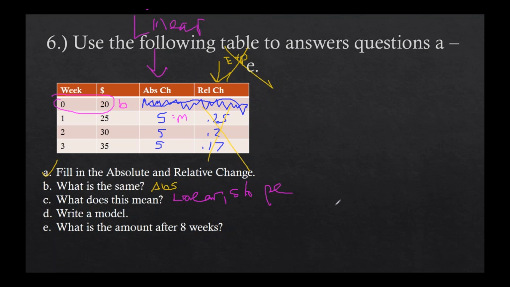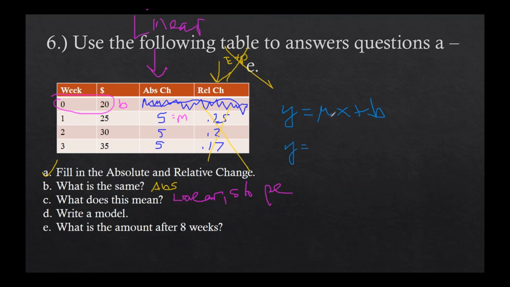So what is the model? Do you remember how to write a linear model based off having the slope and the y-intercept? Y equals mx plus b? Yeah, we are dealing with y equals mx plus b, absolutely. Let's fill in those pieces.